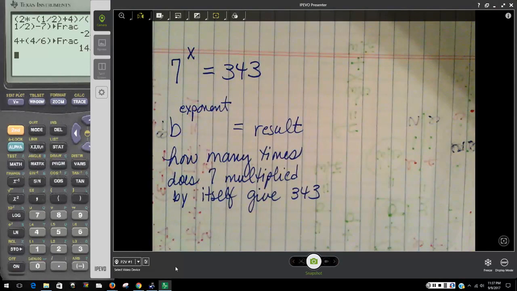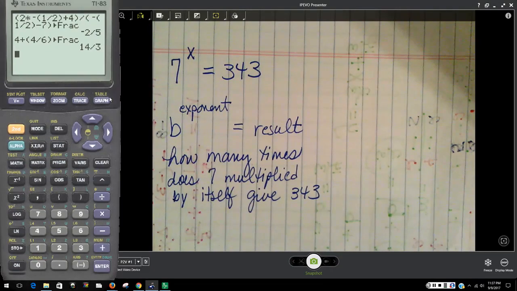How many 7s do you need to multiply together to get 343? Well, you don't have to memorize anything to figure this out, okay? What you do is you go to your home screen and you clear it.